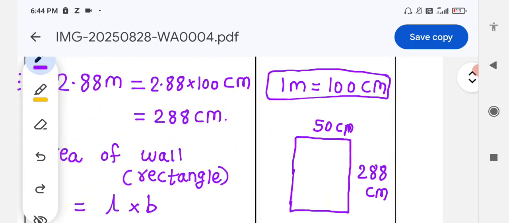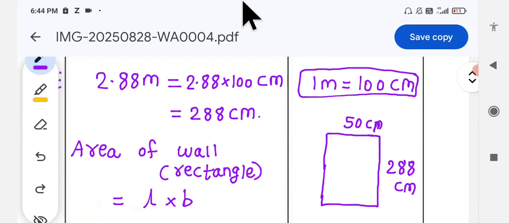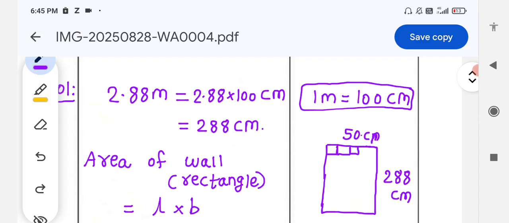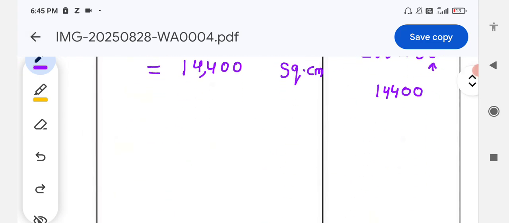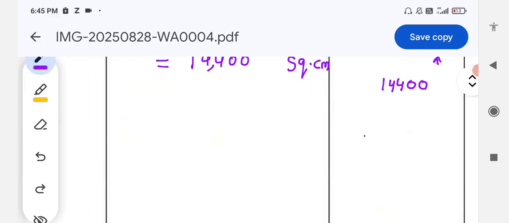Now, based on the question, this wall is constructed with lots and lots of bricks, and they said each brick has 12 centimeters length and 10 centimeters breadth. So let us draw one more rough sketch, of the brick.